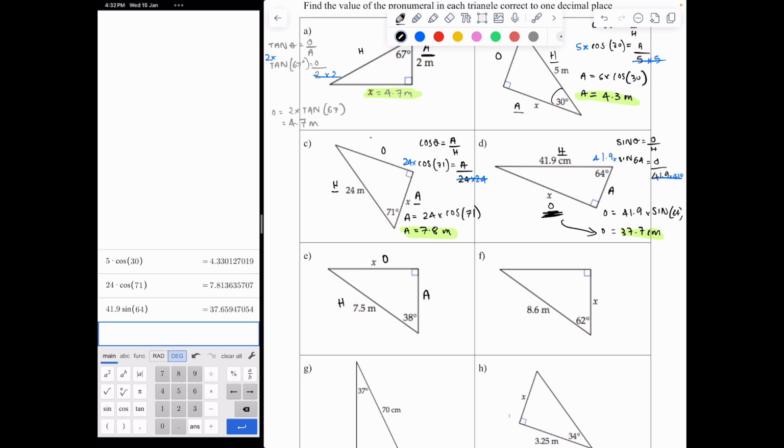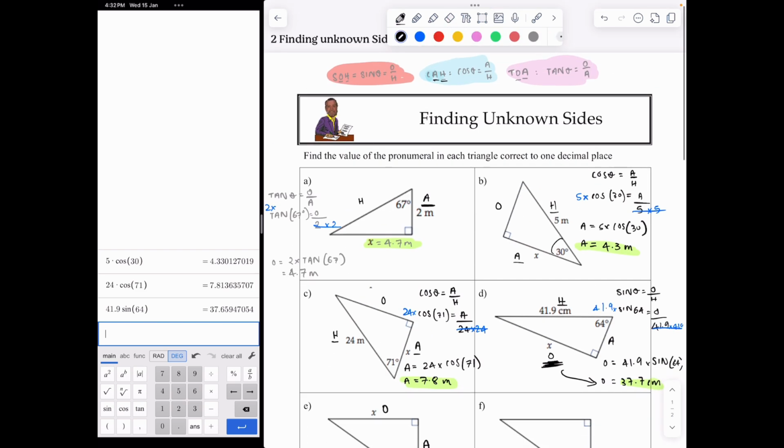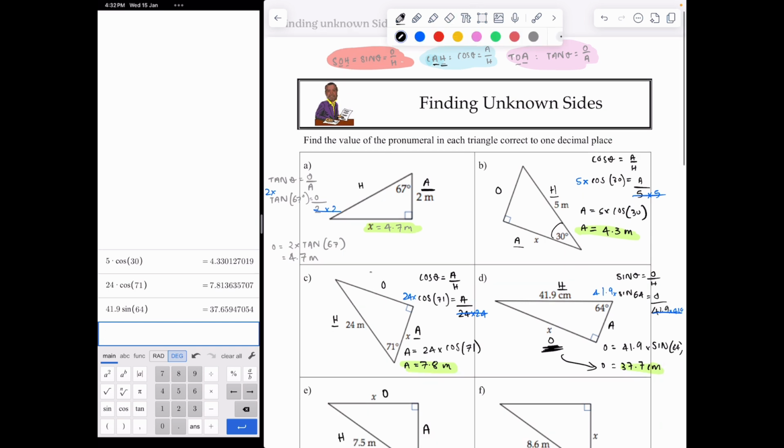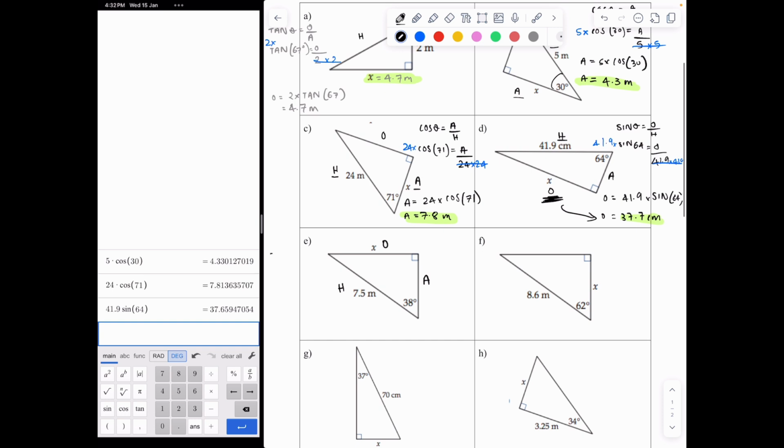Well, we've got the opposite, which is unknown. We want to find that out. And we've got our hypotenuse, which is what we've been given. So O and H. Which function has O and H? Yep, that's our SOH. So the function we're using is sine. Sine theta equals O over H.